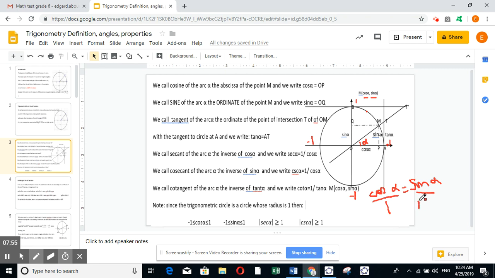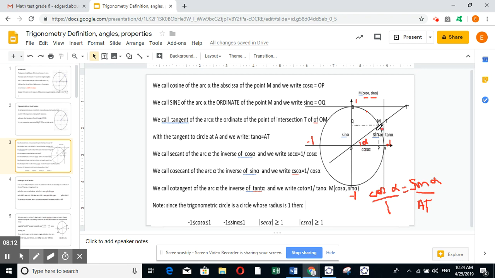If you cross multiply, AT is sine alpha over cosine alpha. This sine alpha over cosine alpha, which is the measure of AT, is called tangent. So what is tangent? Tangent is sine over cosine.